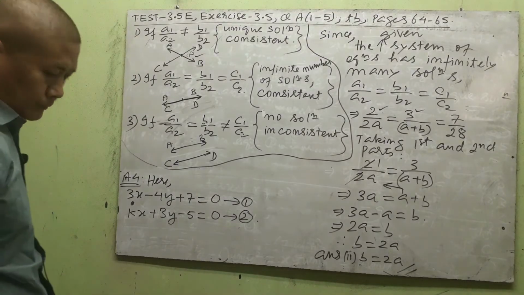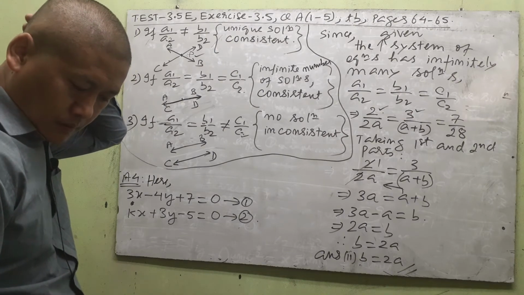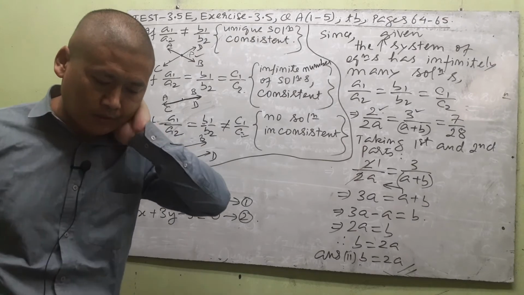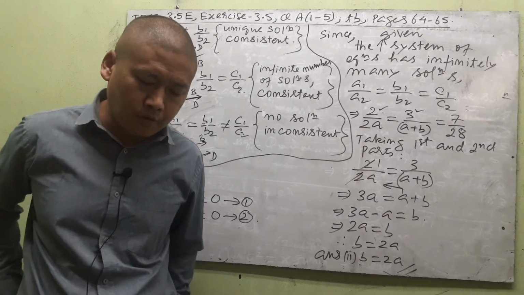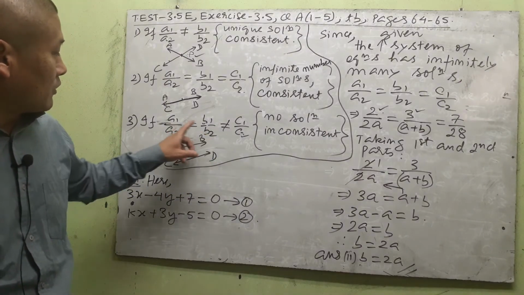For that, the lines given by 3x minus 4y plus 7 equal to 0 and kx plus 3y minus 5 equal to 0 are parallel. Parallel means these are parallel lines.